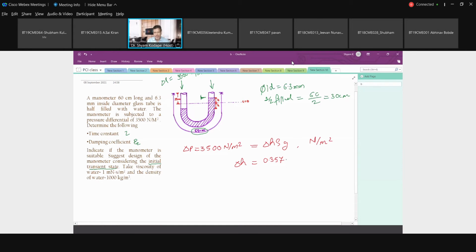So it is actually twice H. See the geometry. ठीक है. So actually delta H is nothing but twice H. So what will be the H? Tell me.